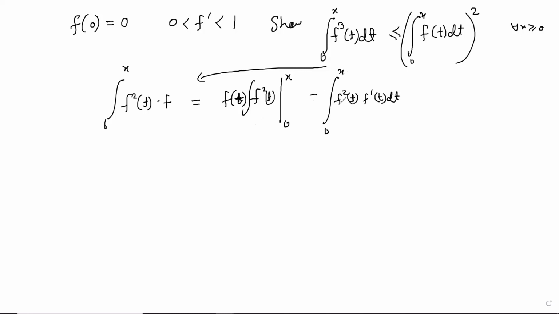Is this correct? So that's what I've done, right? F t is outside. I've taken its derivative. So what is the formula?